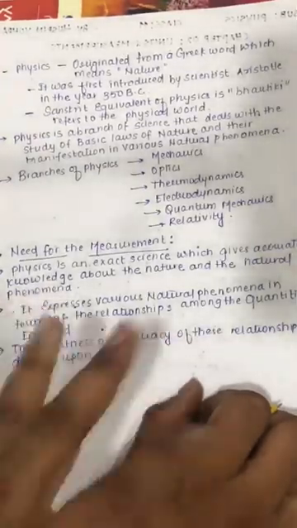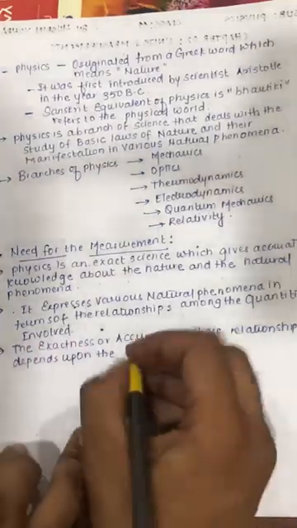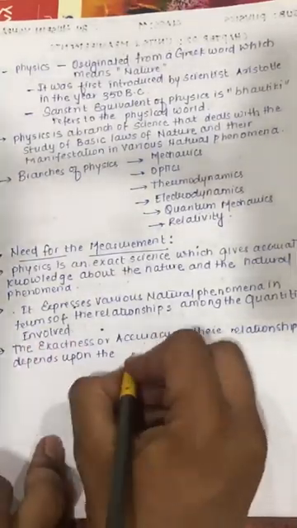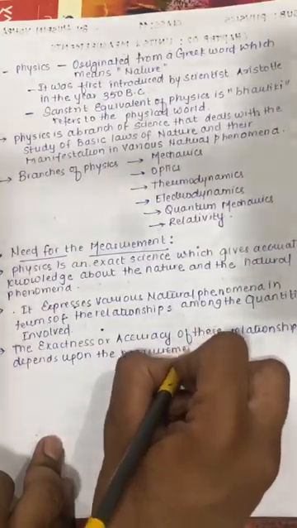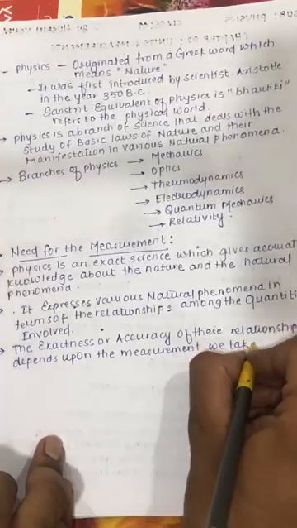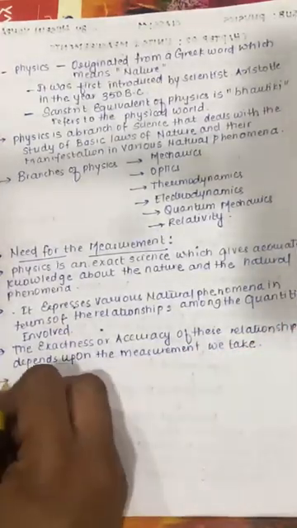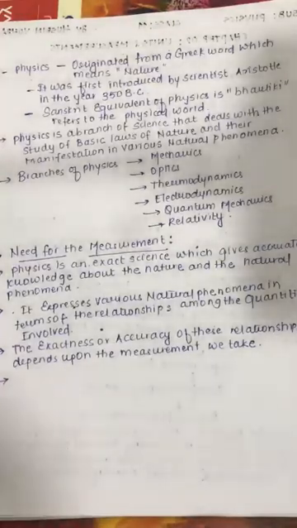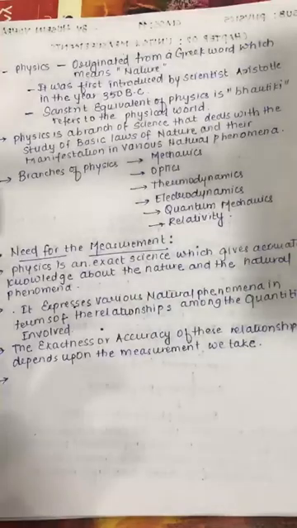Here it is clearly said that the exactness or accuracy of this relationship depends upon what? The measurements we take. Now, these measurements will in turn depend upon what? Accuracy of instrument, right or not? What you are taking measurement, that is liable on what? The instrument that you are using for taking that measurement.